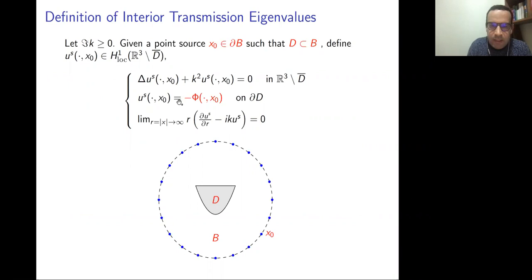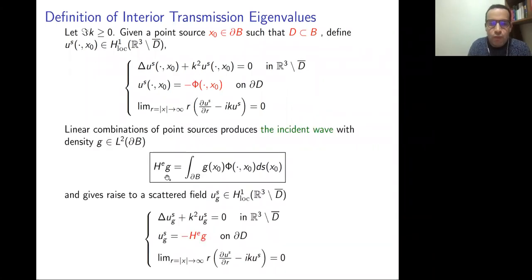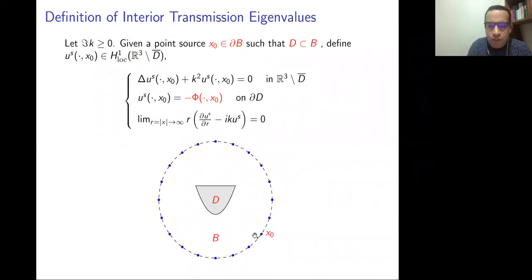This is posed for imaginary part of k positive, so we are not hitting these resonance frequencies or scattering poles. And so I can define for each point source this scattered field, and now what I would do is combine these incident waves with some density g, so I put these sources on the boundary of some domain that encloses the obstacle or obstacles.